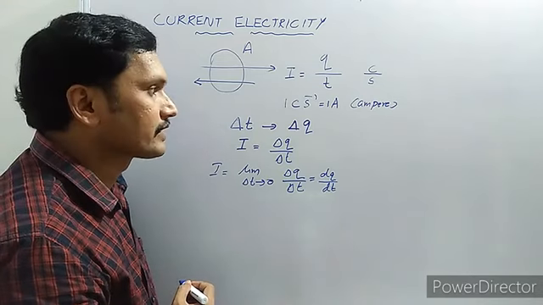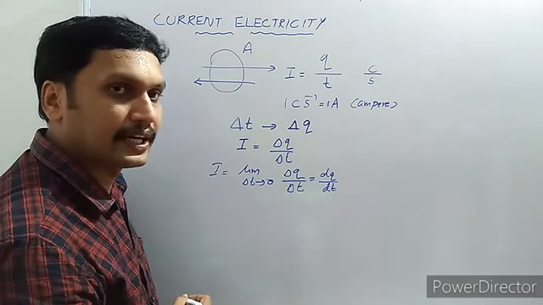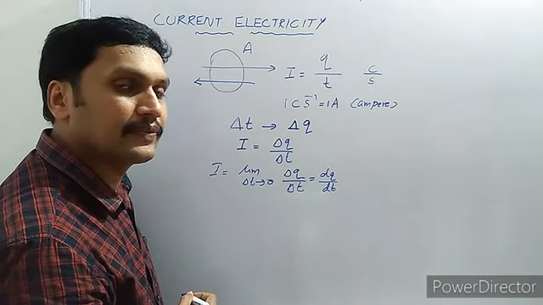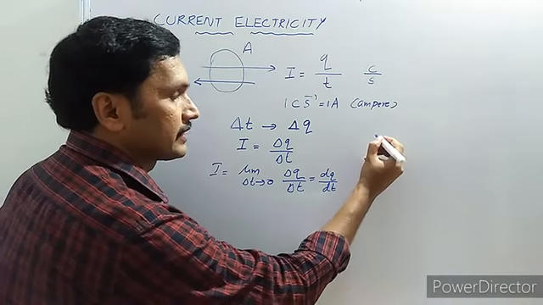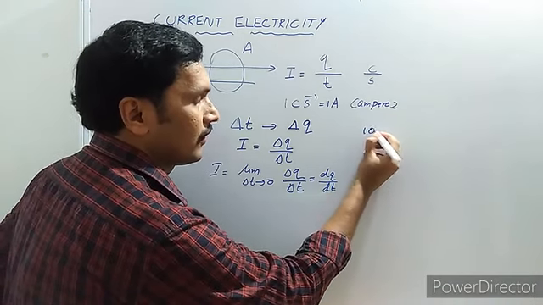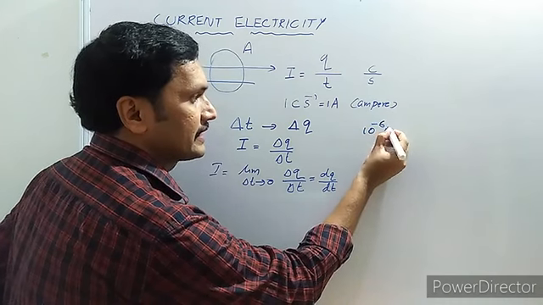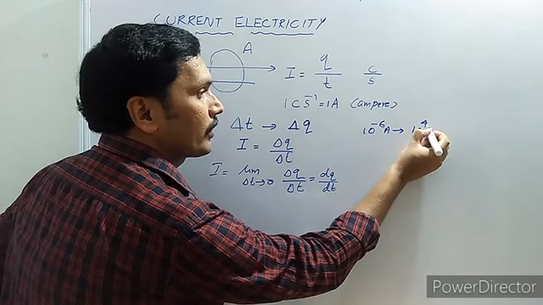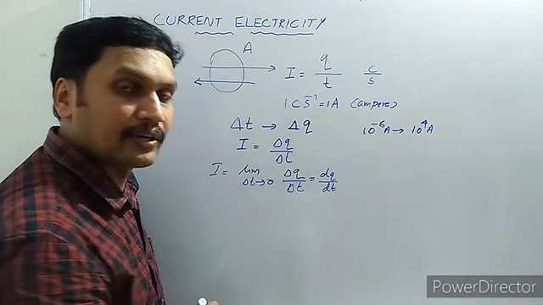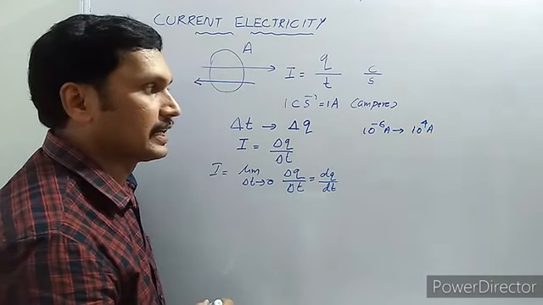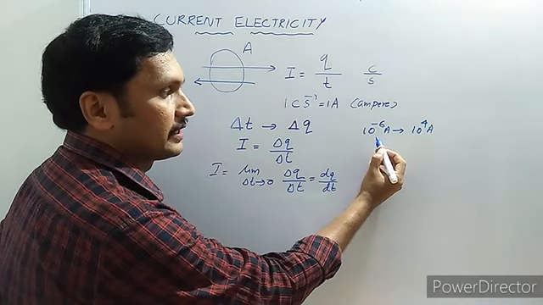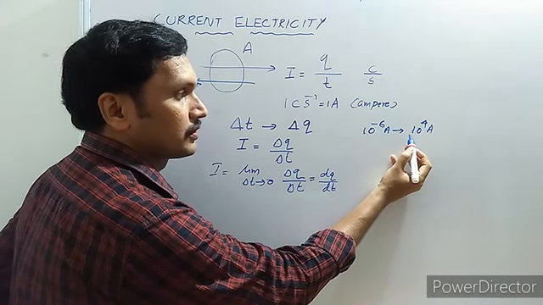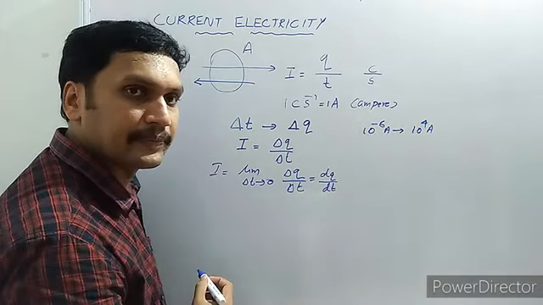Actually, we have some smaller units for the measurement of current. In our daily life, we come across currents varying from 10 raised to minus 6 ampere to 10 raised to 4 ampere.